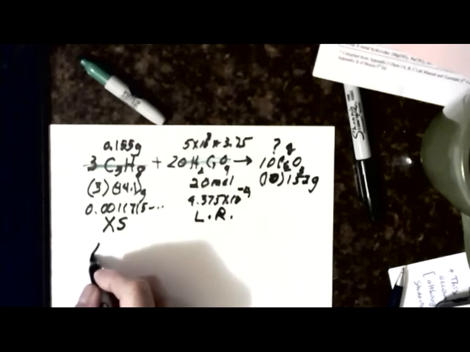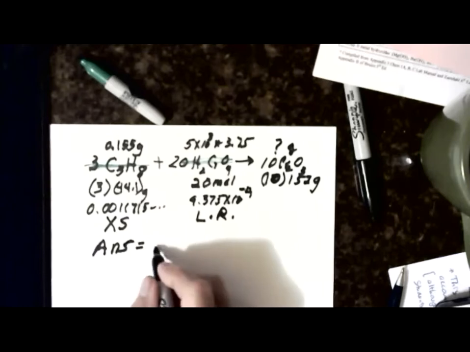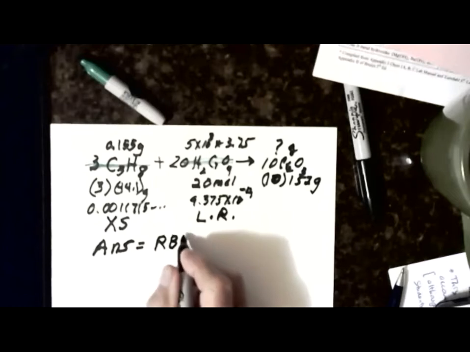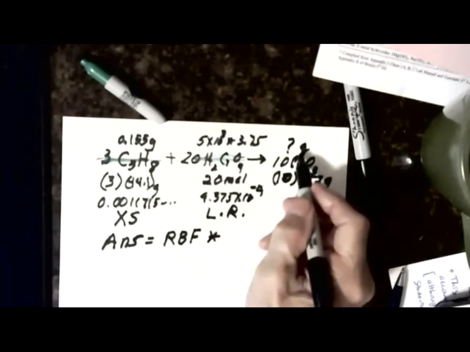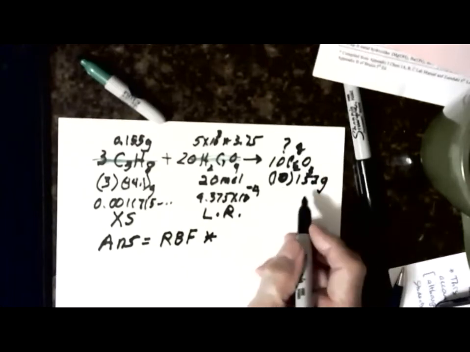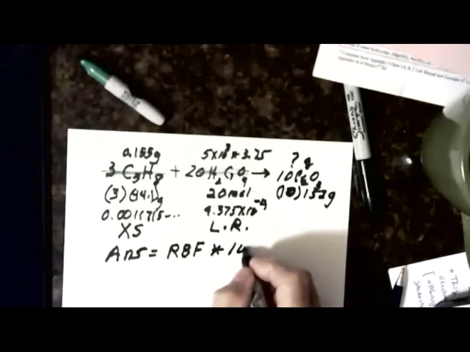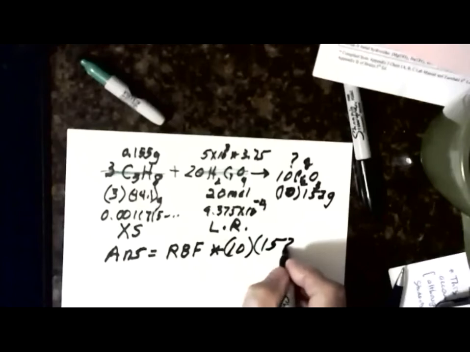Now, my answer is always going to be equal to the rebalancing factor that's appropriate, multiplied by what you have under the question mark over here. And what you have under the question mark is 10 times 152 grams.